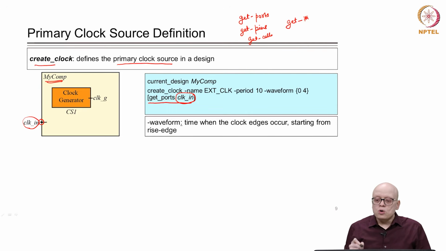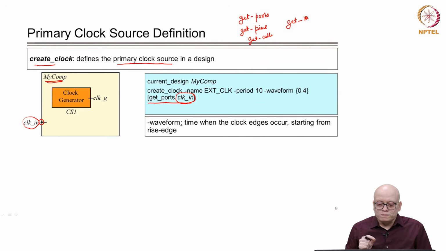So, what does the command get_ports do? This command basically gives us the reference to the design object that we are pointing to by this name. clock_in is the name of the port in our design, so get_ports is returning the reference of that design object, clock_in in this case.